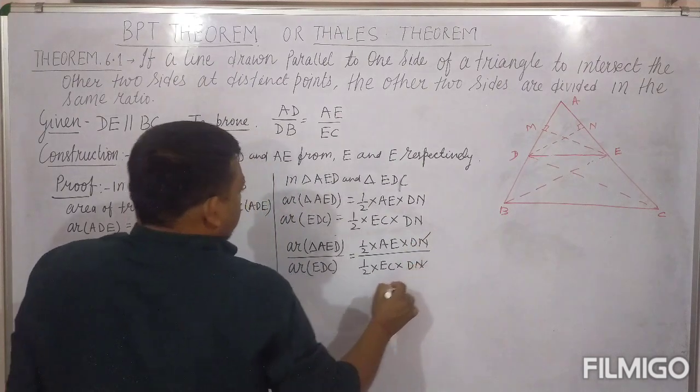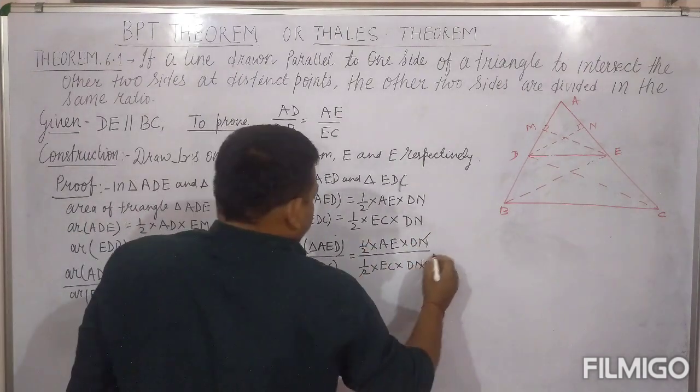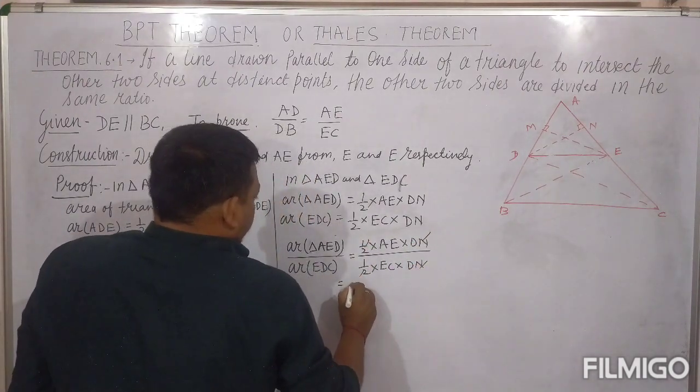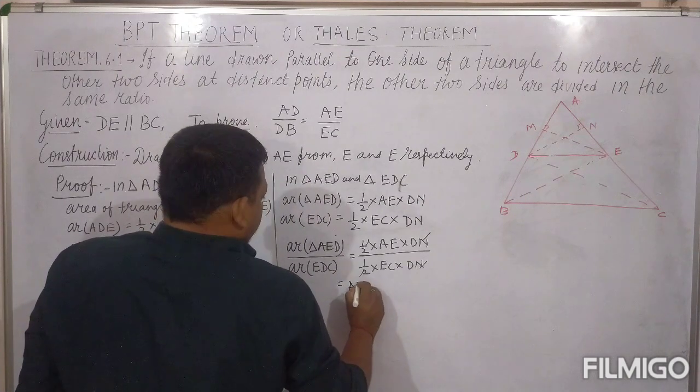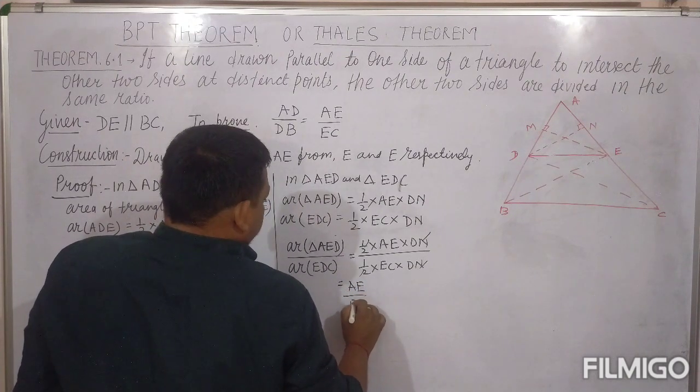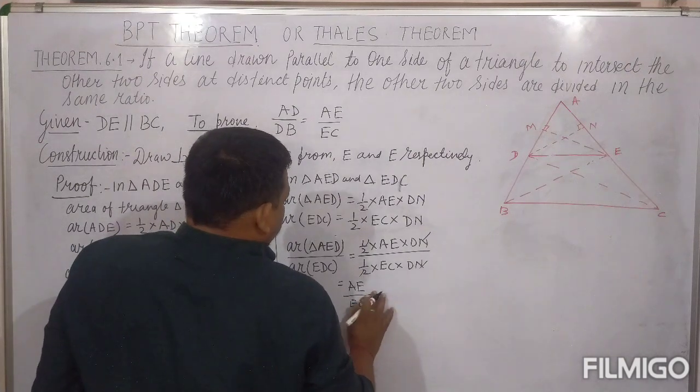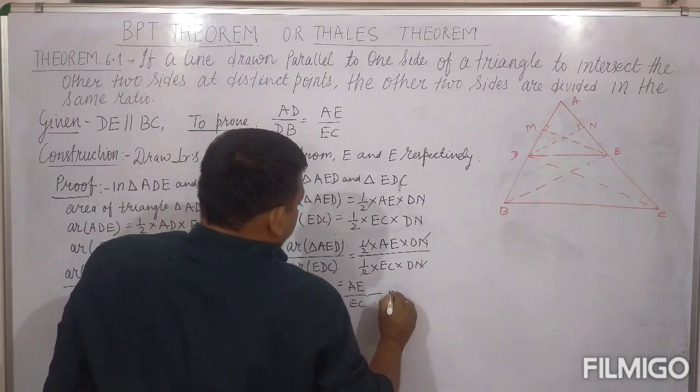DN will cancel out, half cancels out. So this becomes AE by EC. Let this be relation 2.